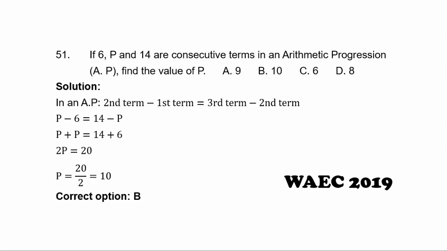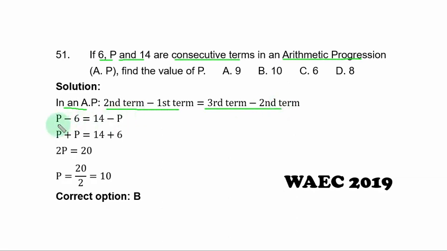Example 51. If 6, P and 14 are consecutive terms in an arithmetic progression, find the value of P. Solution: in an AP, second term minus first term is always equal to third term minus second term, and so on.